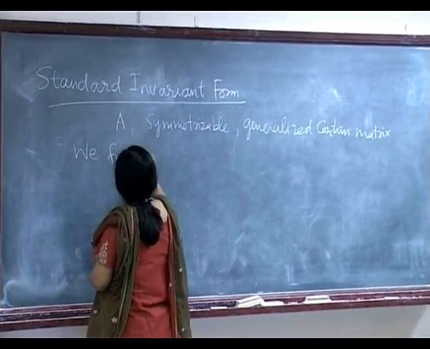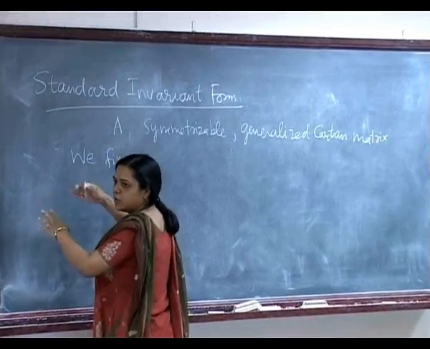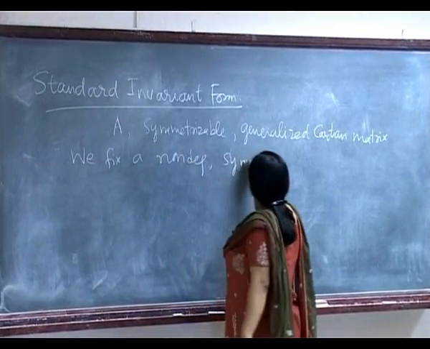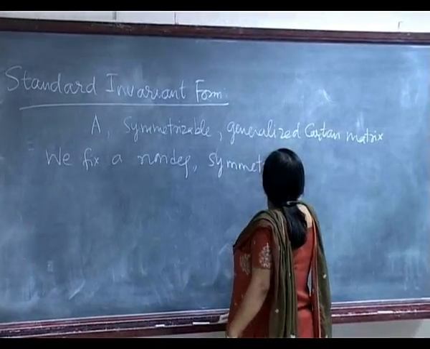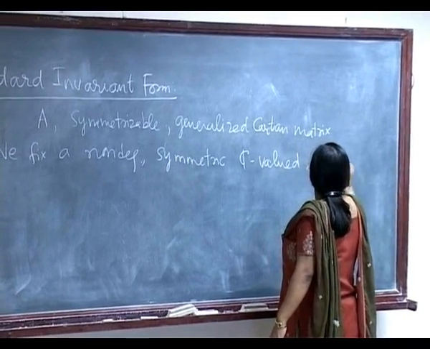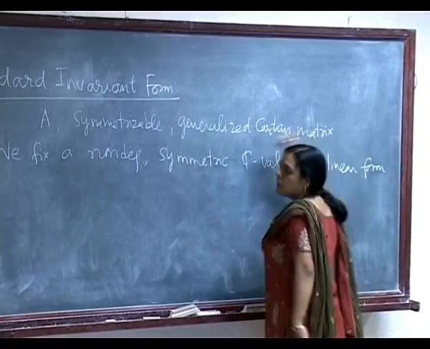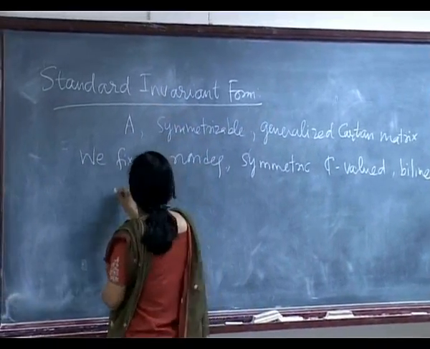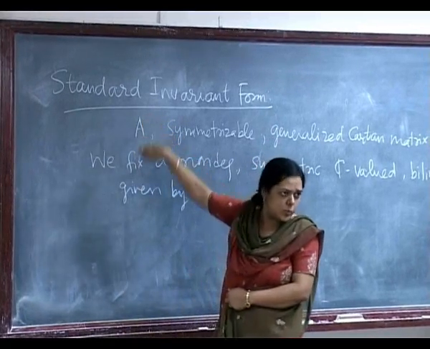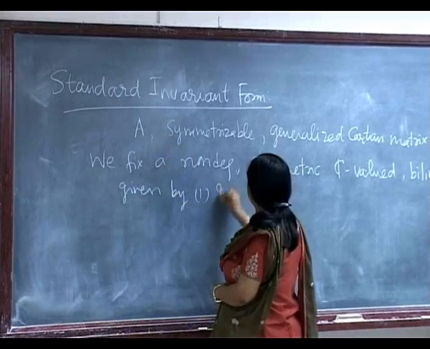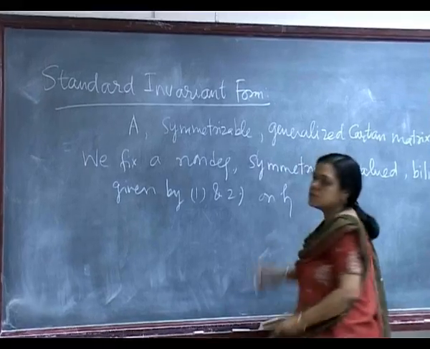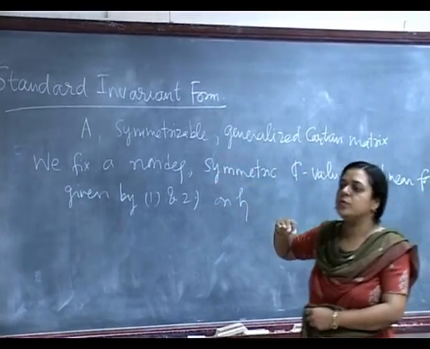We fix a non-degenerate symmetric complex valued bilinear form given by those equations 1 and 2 on H, and we extend it by that theorem to all over GA.